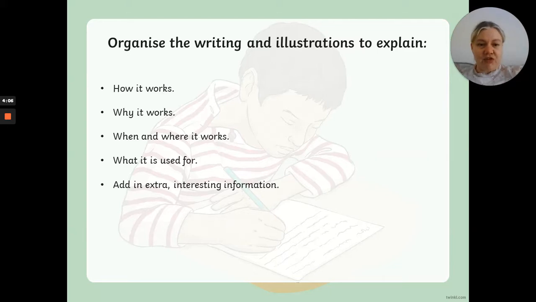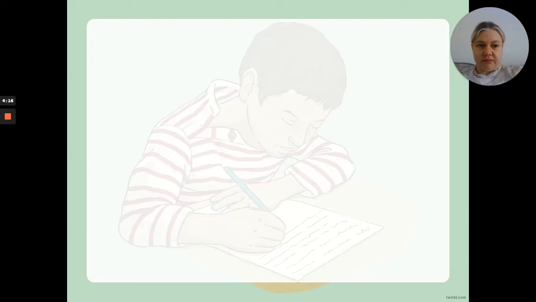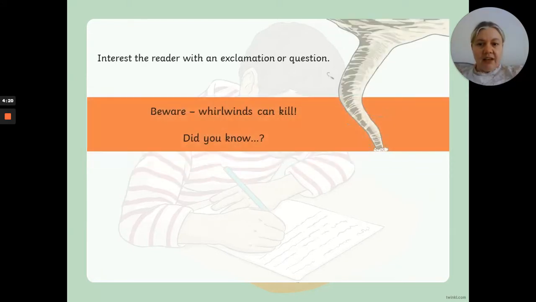Also, add in a bit of extra information and keep your writing interesting. It's really important that the reader is engaged and they want to carry on reading your explanation. So, interest the reader with an exclamation or a question. Beware, whirlwinds can kill. Or did you know?